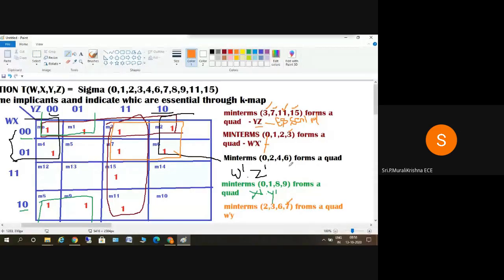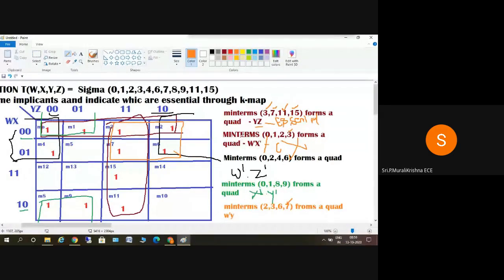So what is 0 1 2 3? Yes, sir. So 3 is already covered. 3 is covered already. 2 covered. 3 covered. Yes, sir. Hence W bar X bar is not essential. So this is not essential because all the min terms are covered by other terms here.